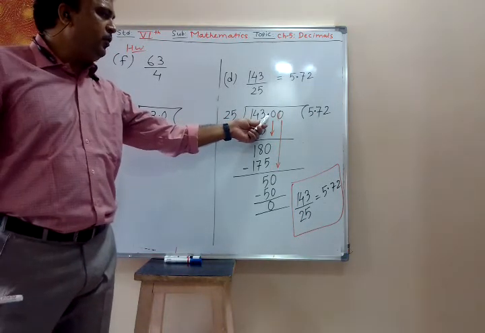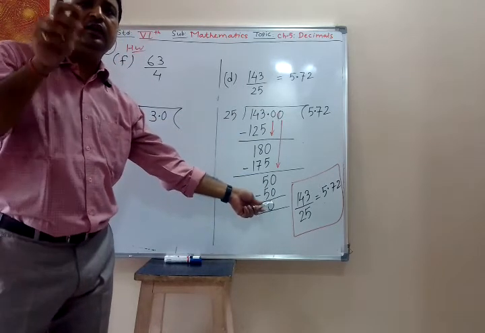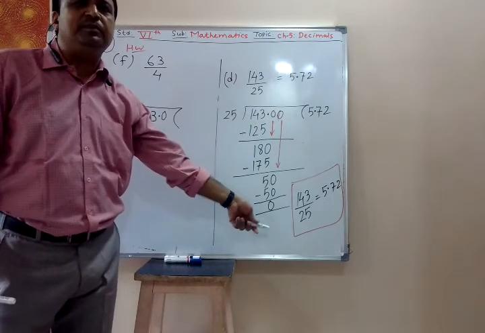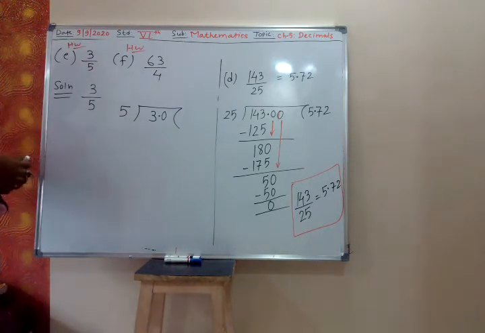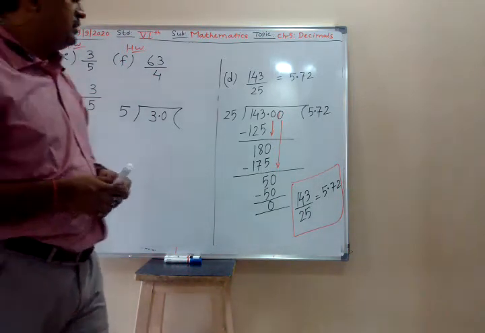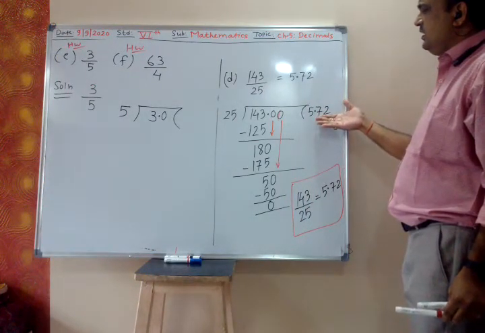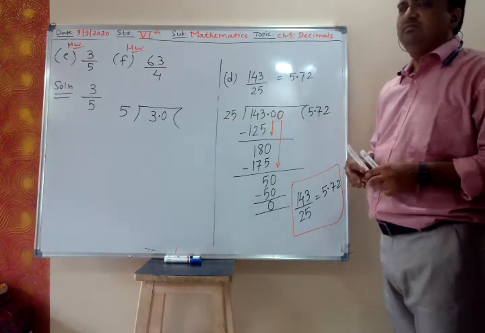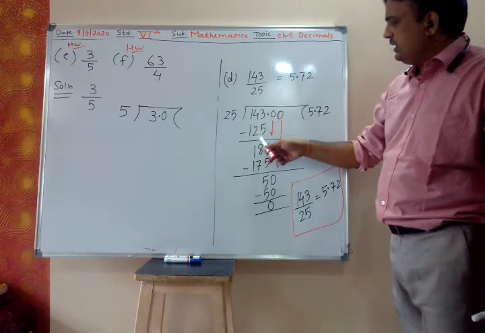After the decimal, you have to go on putting 0 till you get the remainder 0. The answer is already there in the decimal. 143 minus 125 is 18.